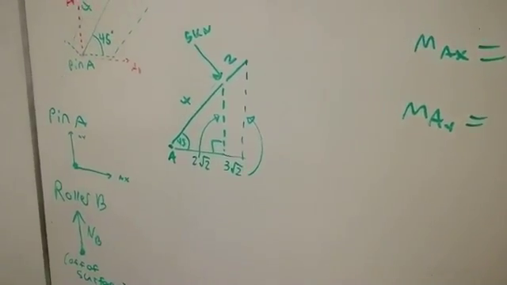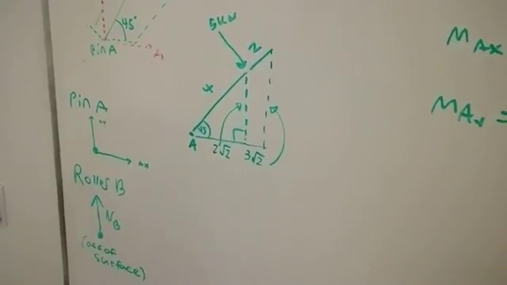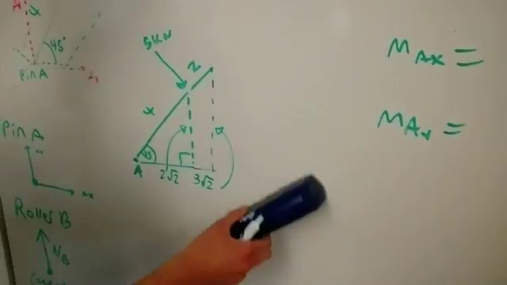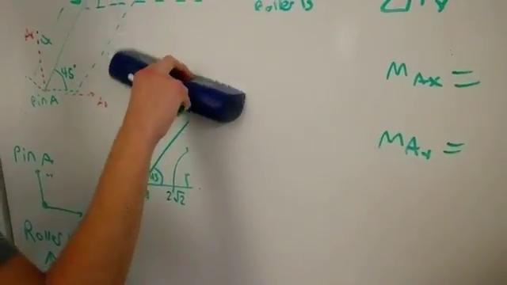But do we have to find the x moment and y moment for A independently? You could, but you don't need to. There is no x moment and y moment for A. There's just a moment. But you could find the moment of the x component of this 5 kilonewton force.